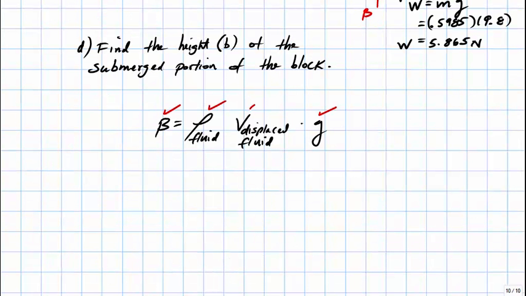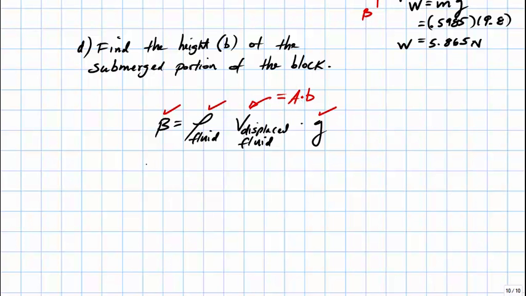Therefore, this volume equals the area, and the height of the submerged portion was noted as B within our diagram. So let's solve for the volume of the displaced fluid, and then we'll connect it to the height of the submerged portion and solve for that as well.